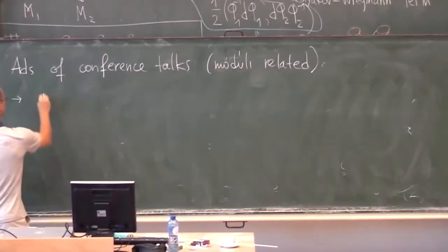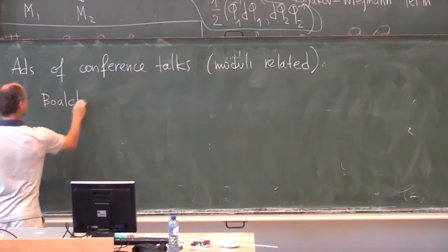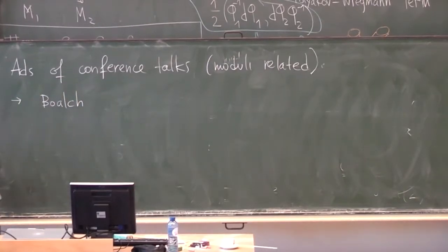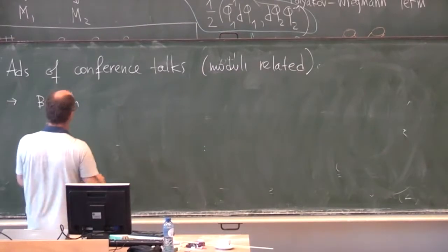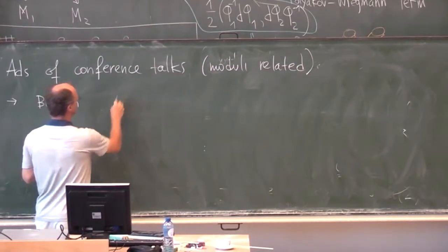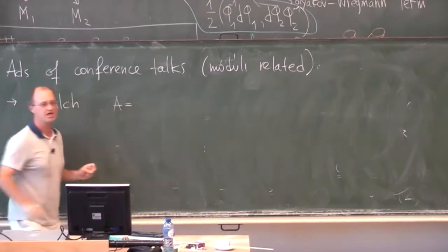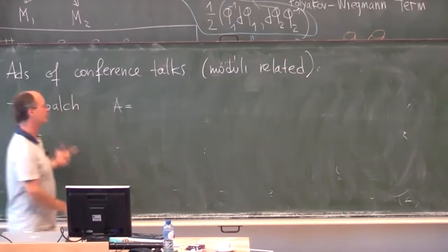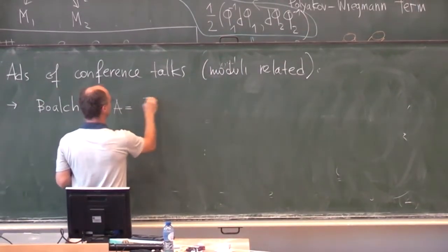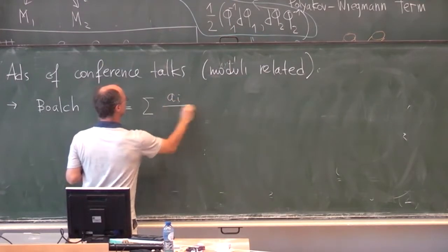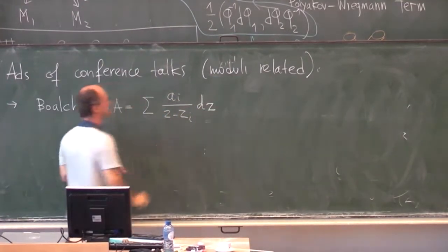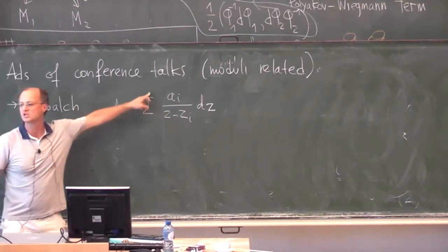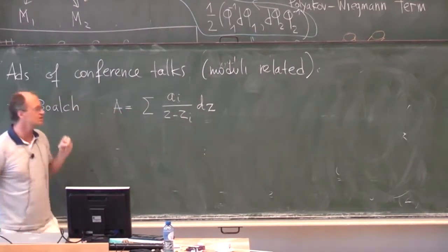Well, so there is a talk of Boch, and Boch, as far as I understand, he's doing something like this. Remember, in exercise 4 on the first problem set, there was this interesting flat connection, a sum over simple poles at some points times dz.